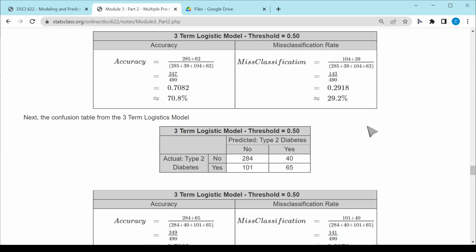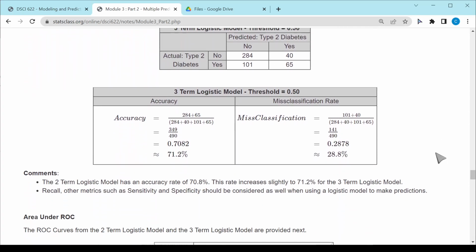A lot of times when we do classification problems, this misclassification rate gets down to 5% or 3%. So I don't want to give you the impression that we can only be right about 70% of the time with these models. It's just this particular data set that I've chosen to use to construct these notes only has an accuracy level of about 70%.